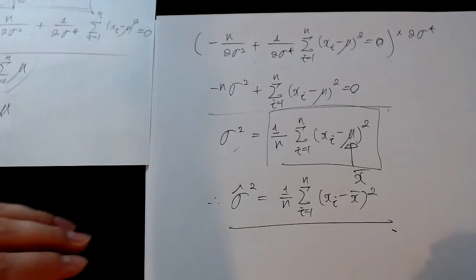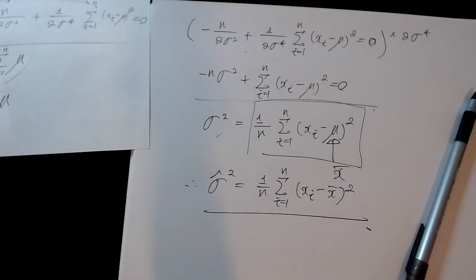Now please look at the properties of the maximum likelihood estimator in the lecture note. The MLE produces estimators with good statistical properties under very general and not restrictive conditions when the sample size n is large.